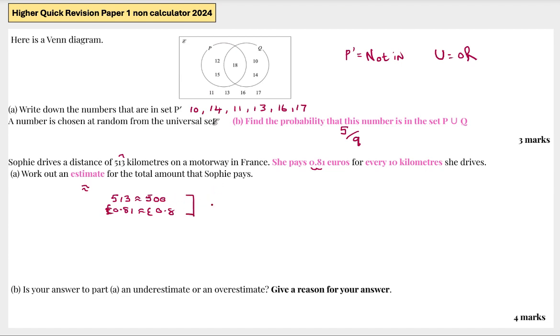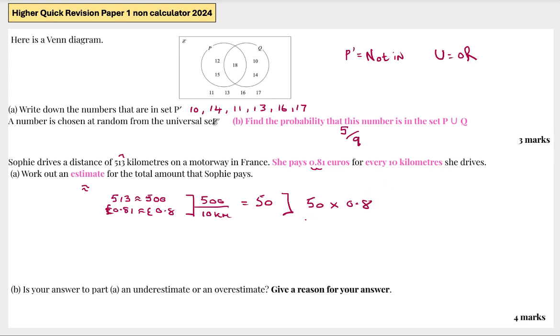So now we've got the figures. We're going to do a bit of division. So we're going to do 500 divided by our 10 kilometres equals 50. So then with that 50, we're going to times it by our cost of 0.8.